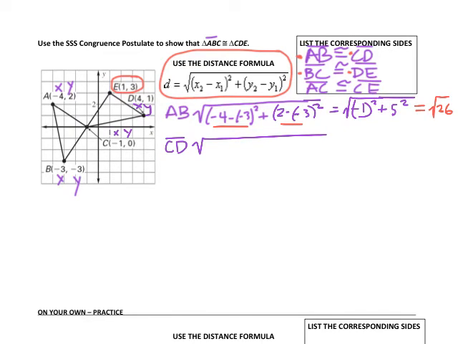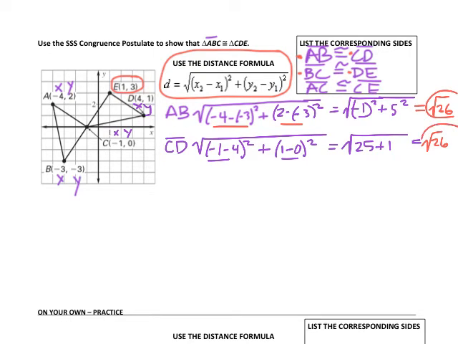So I'm going to say -1 minus 4 squared plus 1 minus 0 squared, and that is going to be, well, -5 squared is 25, and 1 squared is just 1, and therefore we do have the square root of 26. So it looks like these two sides are congruent, and therefore we have one side that we can say for sure is corresponding and congruent.